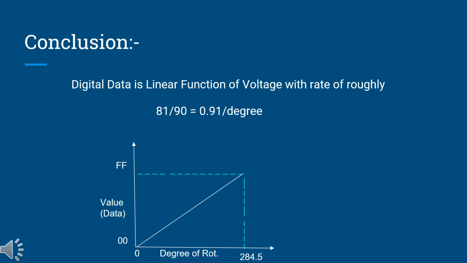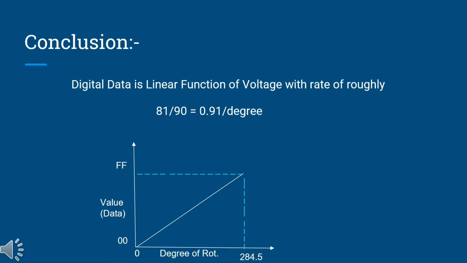We found it should be a linear function, with values varying from 00 to FF. The rotation in this experiment does not take a full circle of 360 degrees. So we get a change of 0.91 per degree.